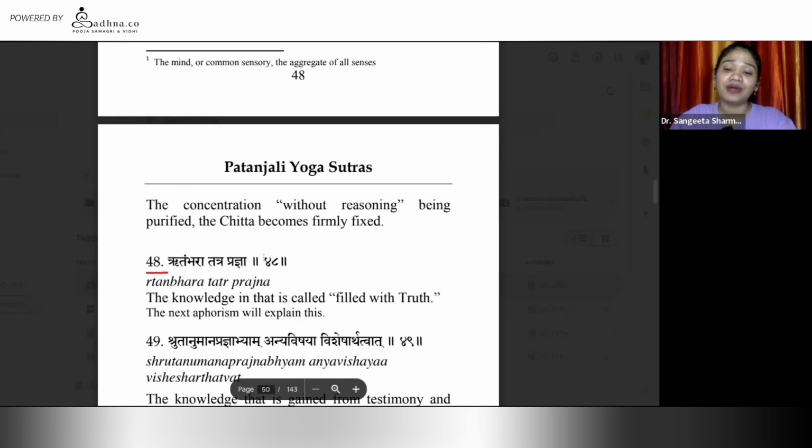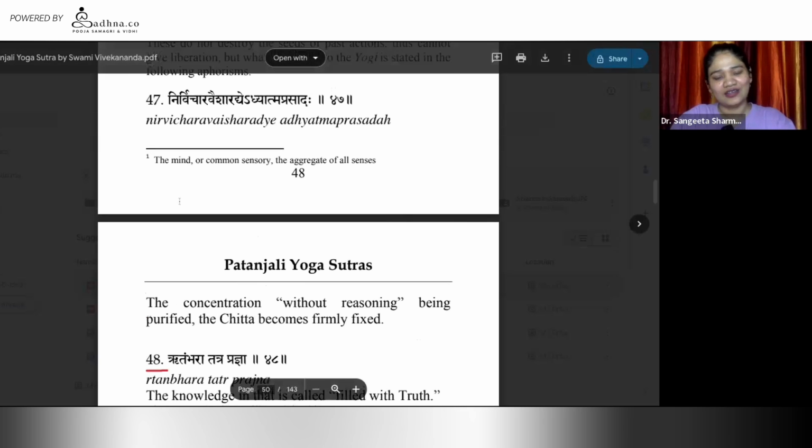You get Ritambhara Pragya. The word Rit means truth, so it is the knowledge which can show the actual truth. And the actual truth is not bound by society, culture, time, people, or thought. It is eternal. It is free from any pre-perception. So the yogi gets Ritambhara Pragya when he attains Nirvichara Samadhi.